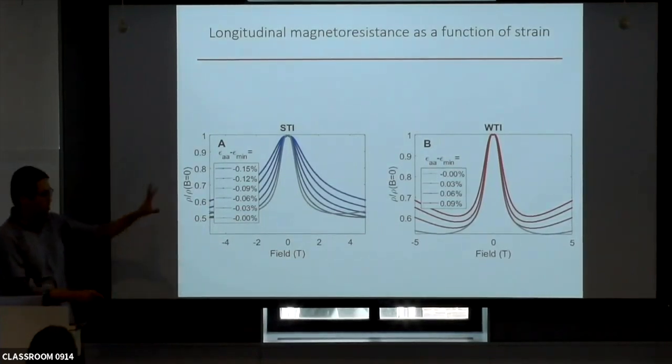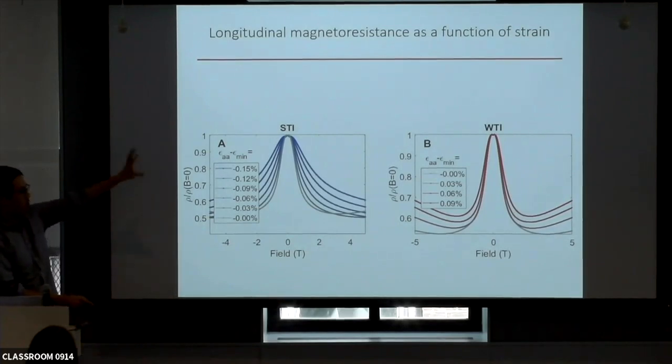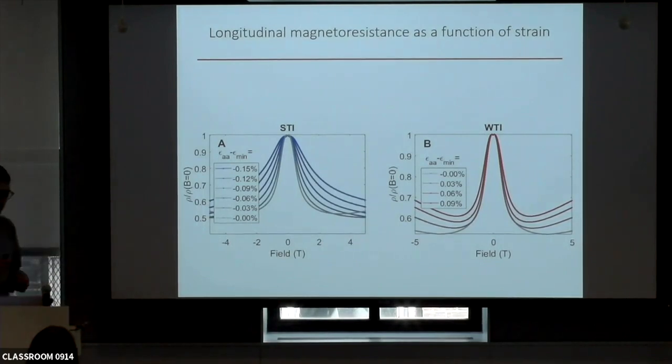What we saw is this whole strain tuning work is really focusing on very low values. We're working on samples where you can see quantum oscillations and try to see how quantum oscillations change as a function of strain.